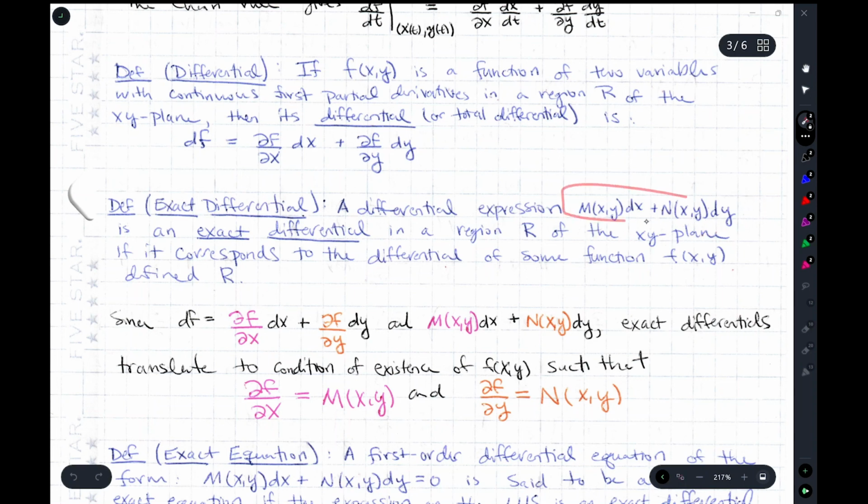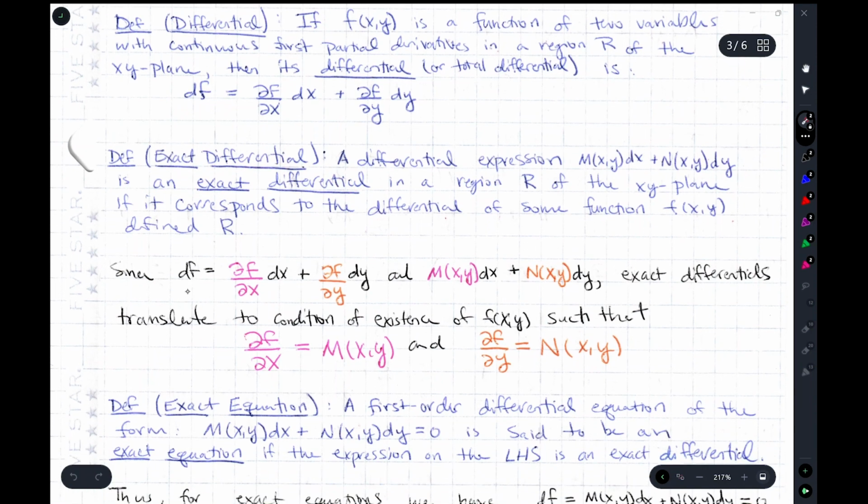So this is just a differential form. We say that it is an exact differential in a region R of the xy plane if it corresponds to the differential of some function f(x, y), okay? So if this is equal to a differential of a function, then we say it's an exact differential.